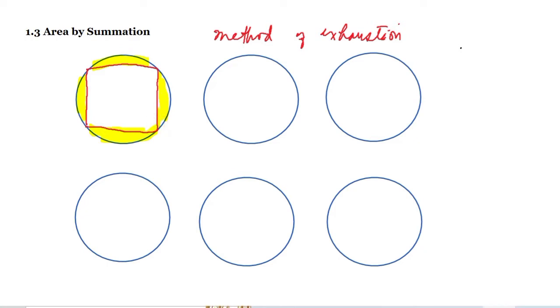na makukompute natin. So, kung i-divide natin ito into 5, so, kahit hindi na siya ganun ka-perfect, at least ma-approximate lang natin. No? Kung ito naman, let's say, i-divide natin into 6.